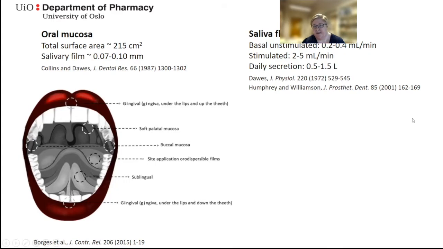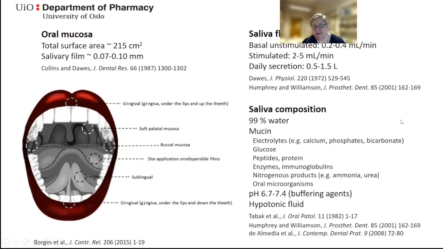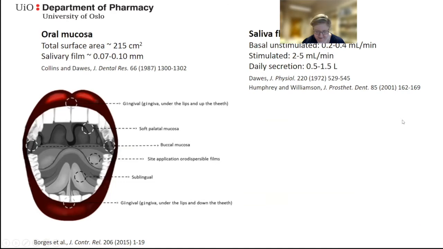And my good colleague, Professor Marianne Hjort, she's working exactly in this field of saliva, what to do with dry mouth and how to develop products for relief of that. But we will talk about other types of drug delivery systems.